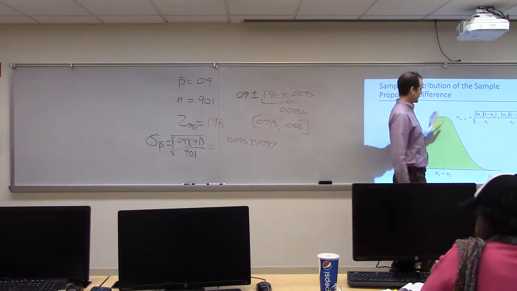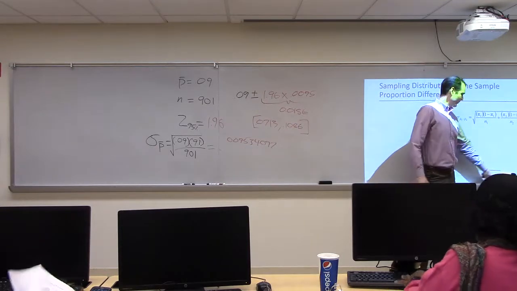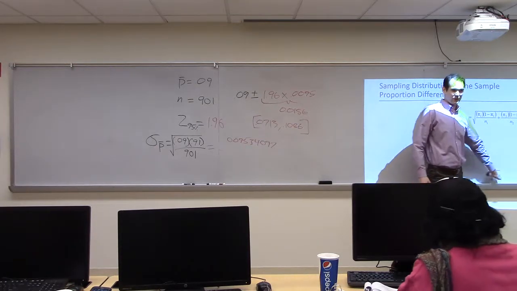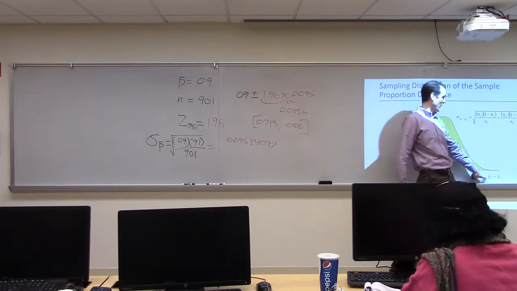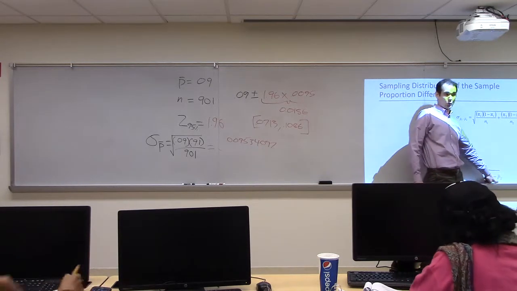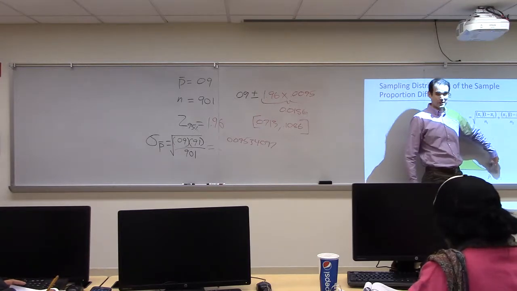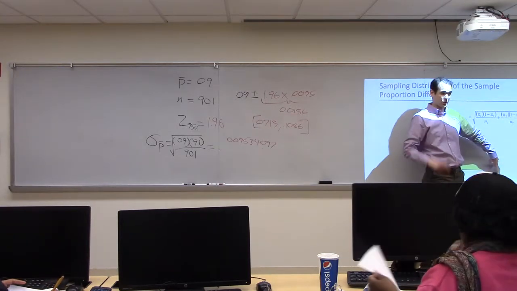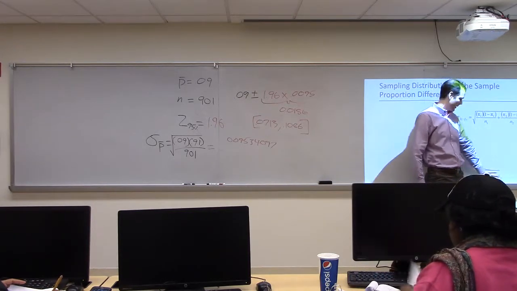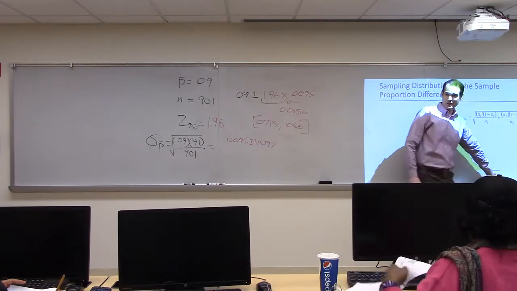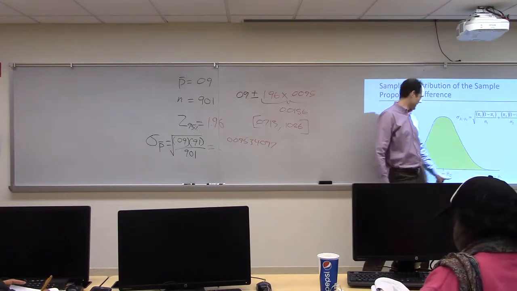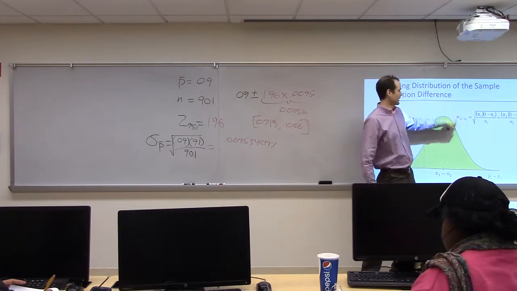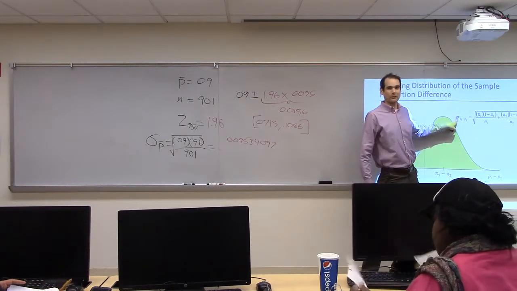This is a frequency distribution, a graph of a whole bunch of these things. What are these things? Sample proportion 1 minus sample proportion 2. That's the difference between proportion 1 and proportion 2. So we did that 50,000 times and put it on a graph. This is what it looked like. This is the center of that graph. This is the standard deviation of that graph.